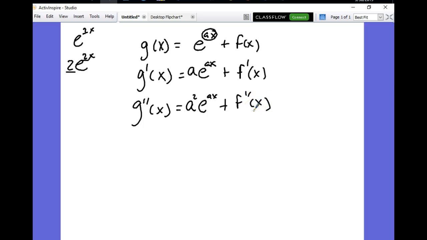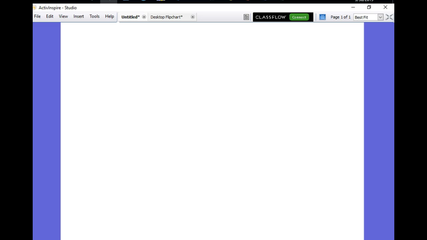So there's your first derivative and second derivative. The next thing you get to do is plug in your zeros. So you guys got to plug in 0 for g prime and 0 for g double prime. And I think from there you guys will get it. So I'm going to go ahead and let you guys do the rest. But there you go. Let's go ahead and take a look at the next problem.